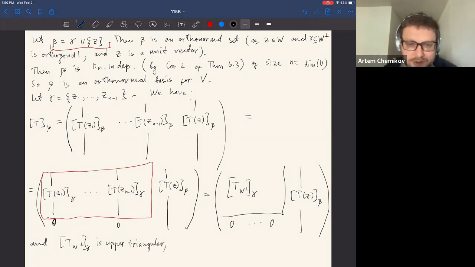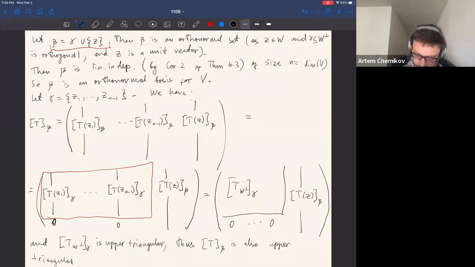Remember we had this by the inductive assumption. So it follows that the whole matrix is upper triangular as well. Thus T beta is also upper triangular. To see this in the picture, look, we have the diagonal of this matrix, and we have zeros everywhere under the diagonal.